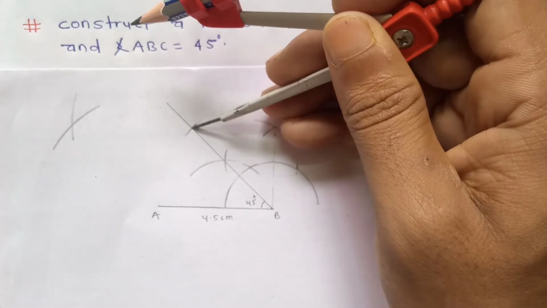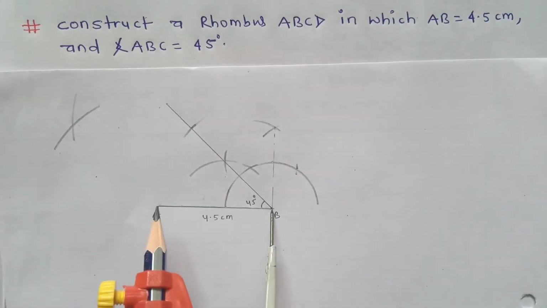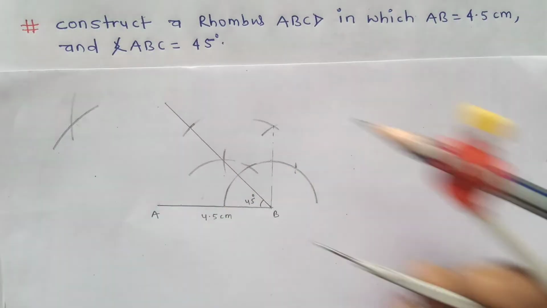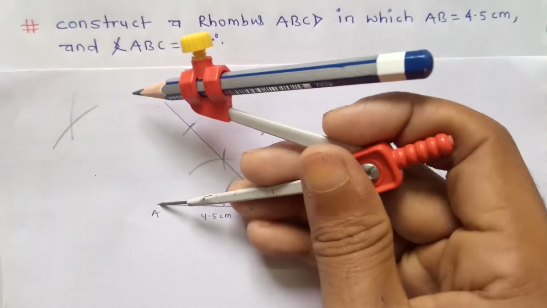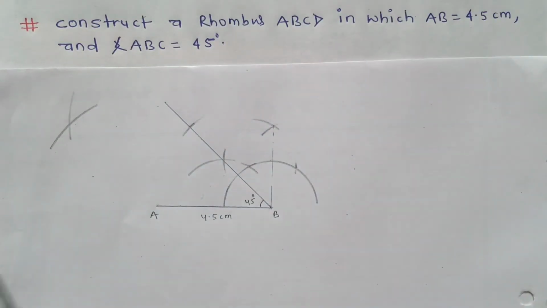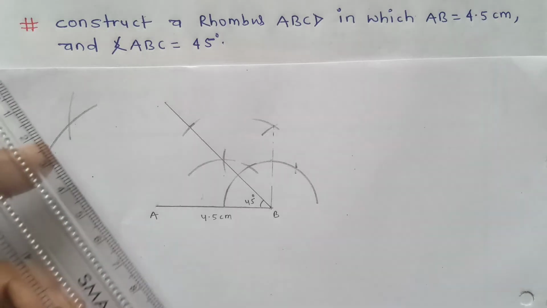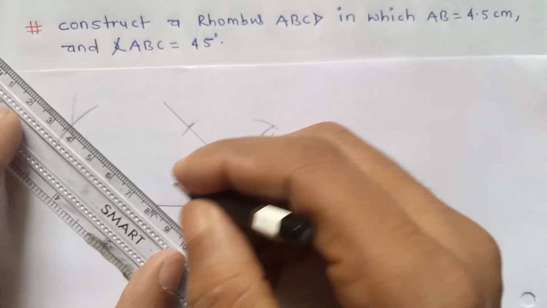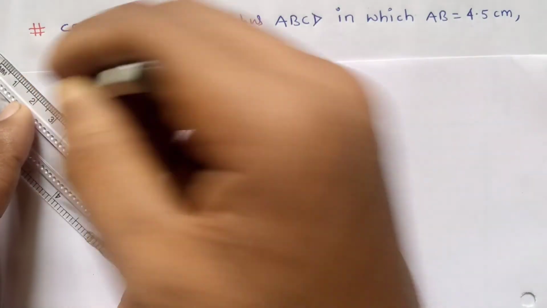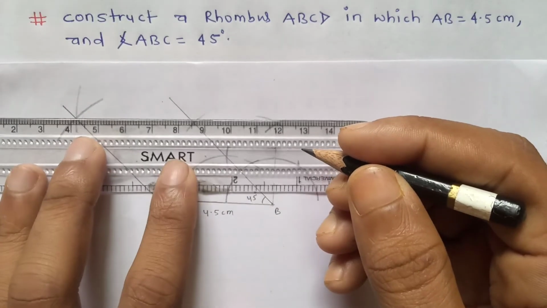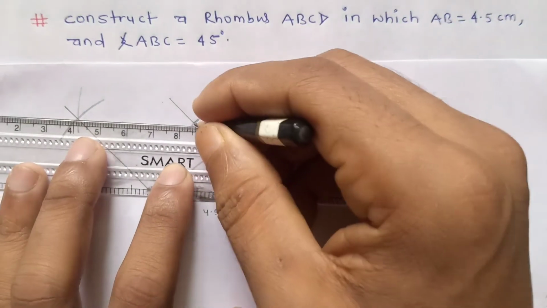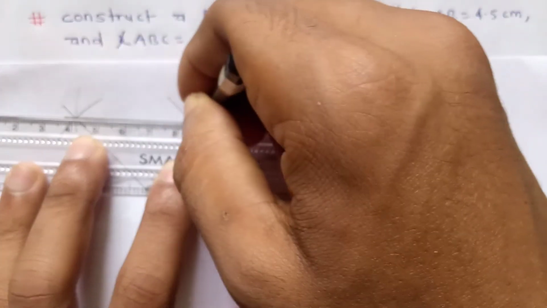So this is completed. I fix this compass from A to B, then I cut on this line, and then I cut from point A on this line, and then I cut from this line, and all the lines will be joined together. Clear?